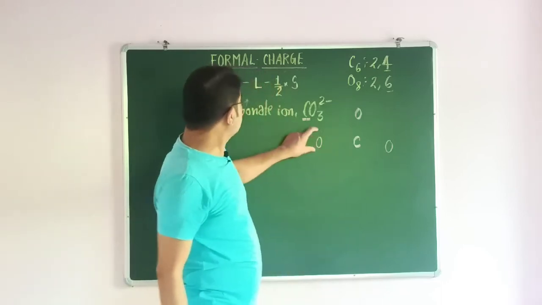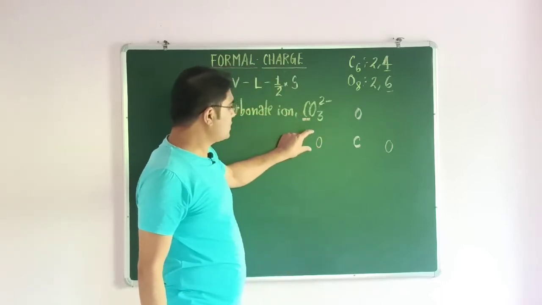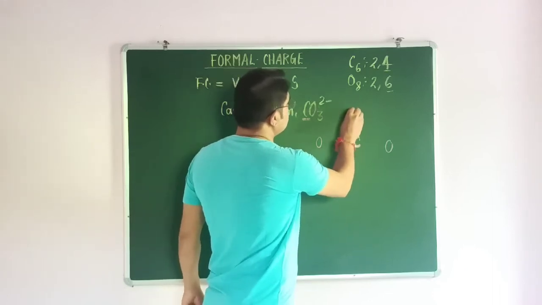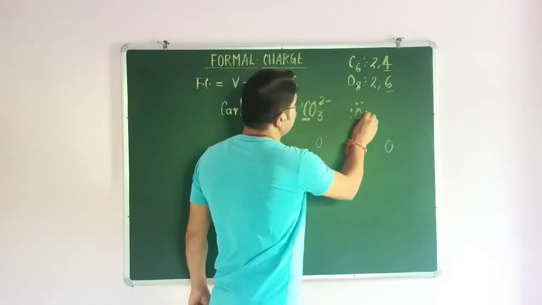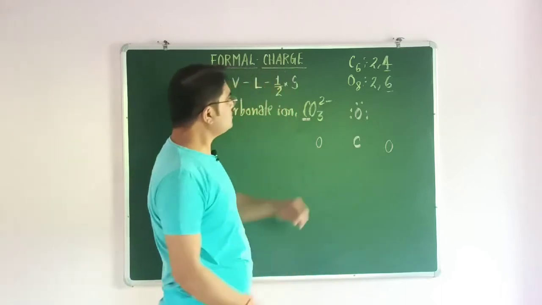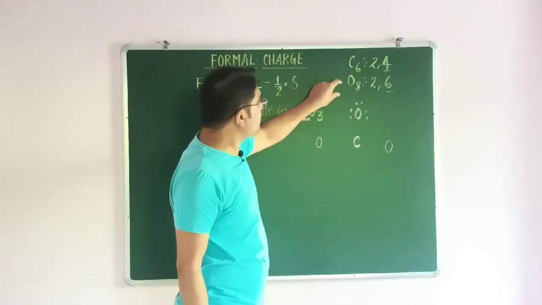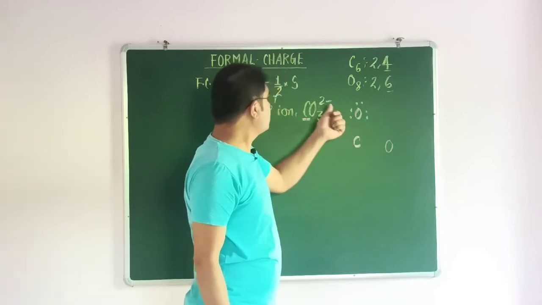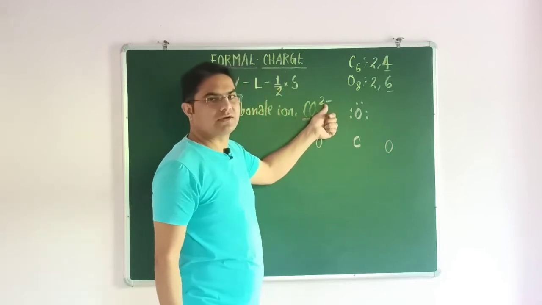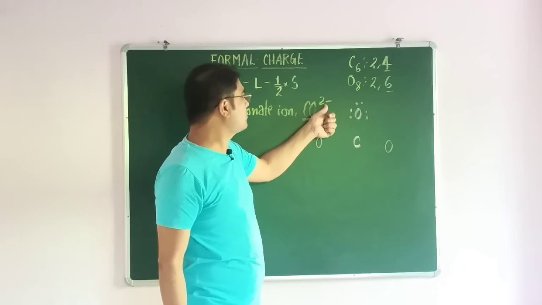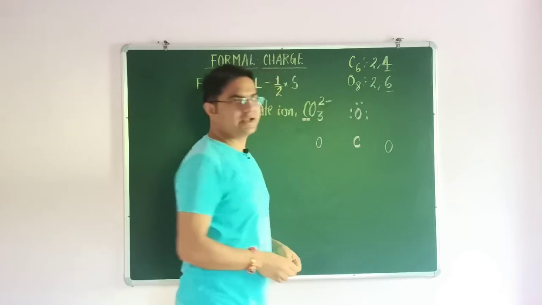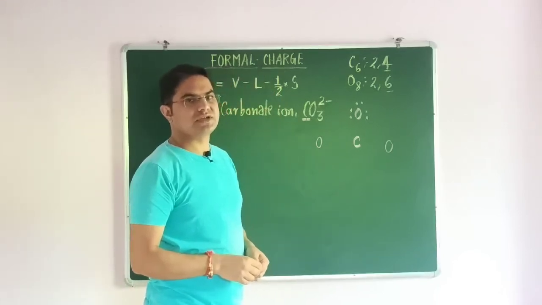So while writing the Lewis dot structure, first we represent the carbon atom, and this oxygen atom with 6 electrons, and now we have 2 oxygen atoms having one more electron, that is 7 electrons, because the 2 minus charge is indicating that 2 extra electrons are present.